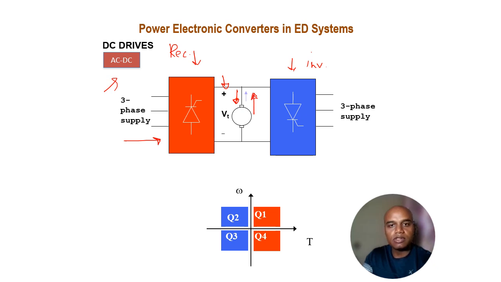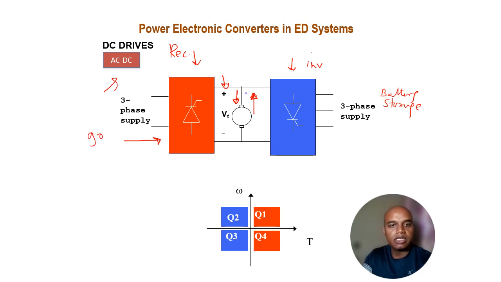Let's say my vehicle is going in a downward motion and I need to apply a brake, so that kinetic energy can be converted into electrical energy, which can be fed back either to the battery storage available in my vehicle, or else it can feed back to the grid.